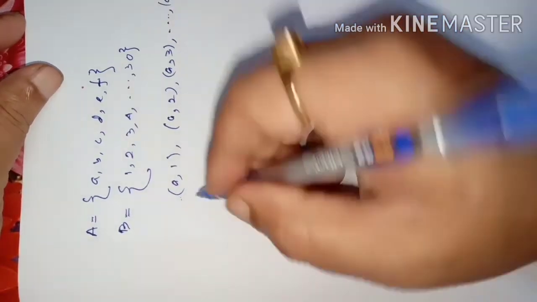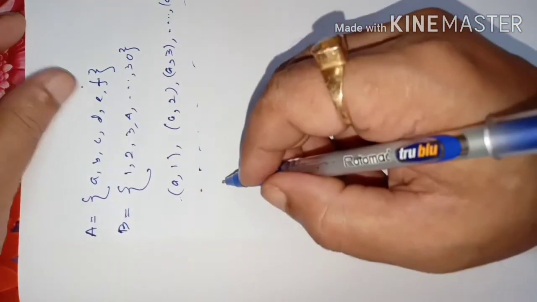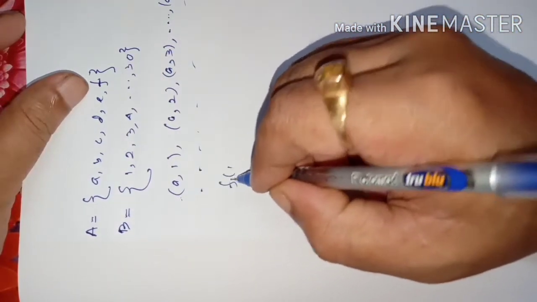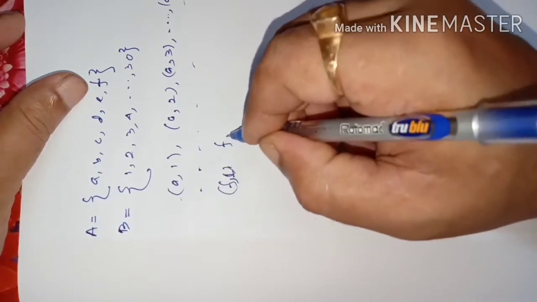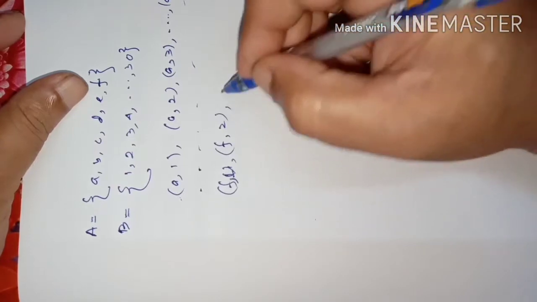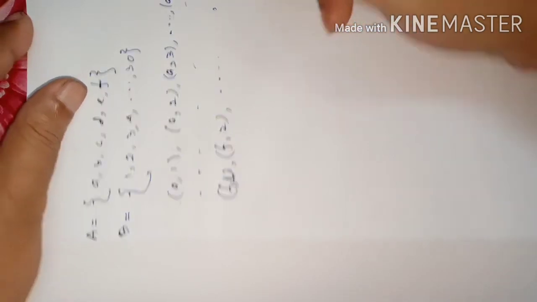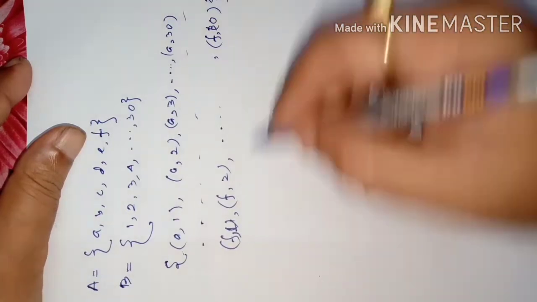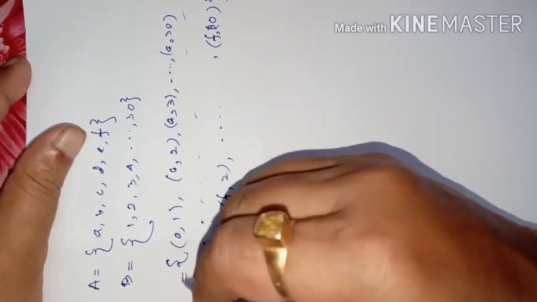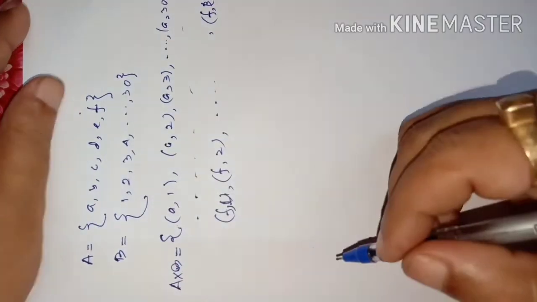That way if we go on writing till the last pair, F comma 1, F comma 2, F comma 3, up to the last pair F comma 30. Okay, so when you take these ordered pairs together to form a set of ordered pairs, that will be denoted by A cross B, which is called the Cartesian product of A and B.